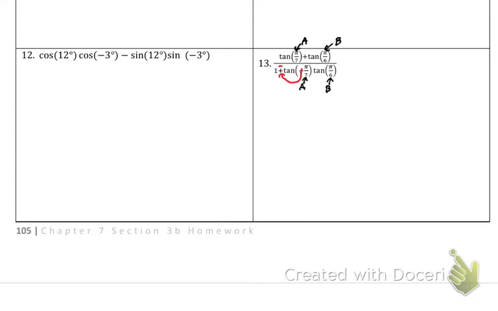It's backwards. So tangent plus a tangent, well, that equals tangent alpha plus beta, which in this case would be our tangent of our first angle is pi over 7 plus our pi over 6.